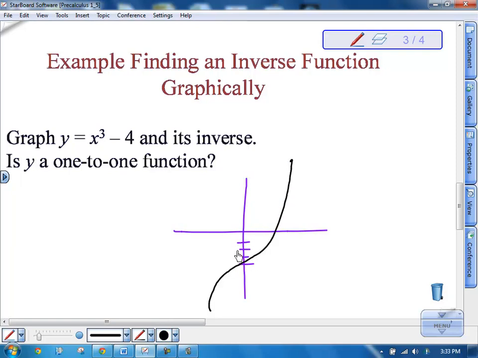You can find the inverse by reflecting over the line y equals x. So this isn't going to be perfect, but it looks something like this. It's just a reflection over the line y equals x. It is one-to-one because both the function and its inverse pass the vertical line test.